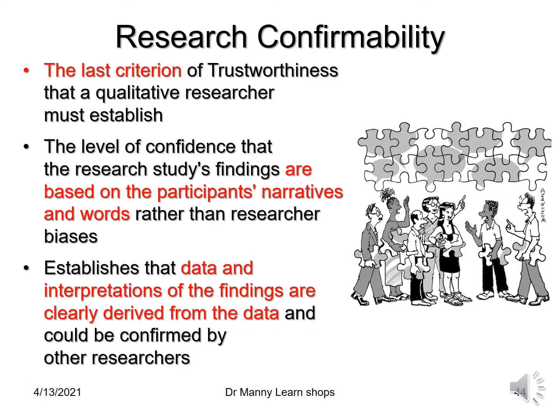Then you've got confirmability, and that's the last criterion of trustworthiness that you've got to establish as a qualitative researcher. This is the level of confidence in your research findings that are based on the quotations, the narratives, the words, the transcripts from your participants, rather than your biases as a researcher.